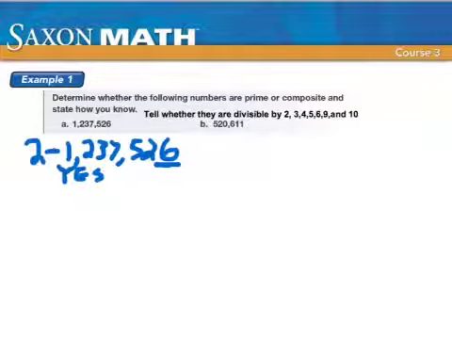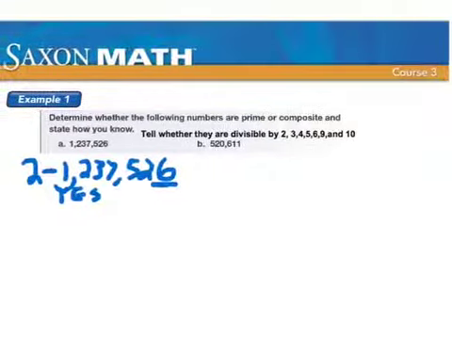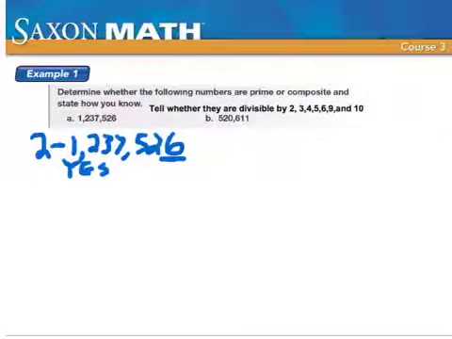So right there, it's divisible by 2. So we know it can't be prime, because it's divisible by 1 and itself, 1,237,526, but it's also divisible by 2. This is all we need to do.